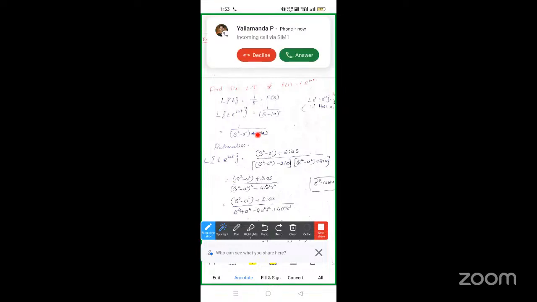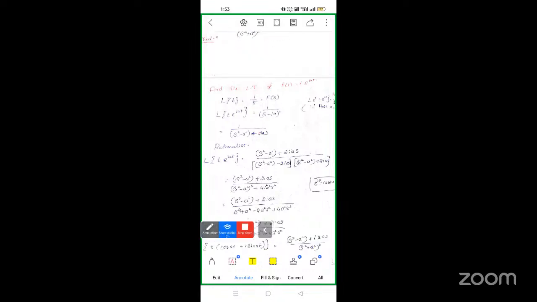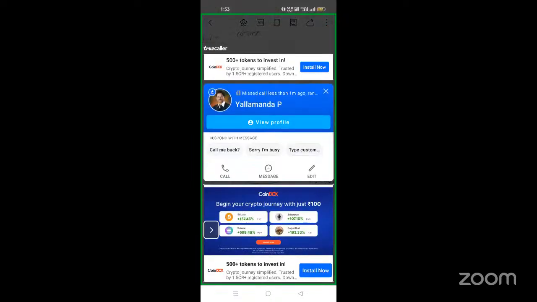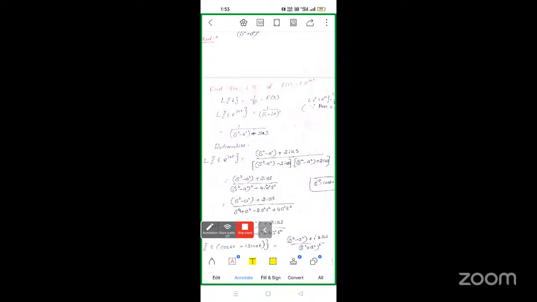So multiply and divide by s square minus a square plus 2ais. So the numerator also becomes s square minus a square plus 2ias. So rationalize here, the denominator is a plus b into a minus b, a square minus b square.